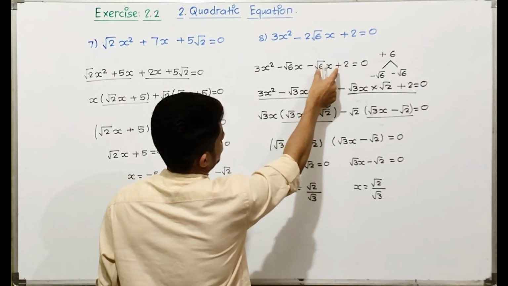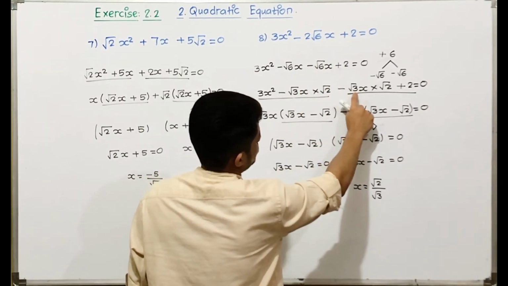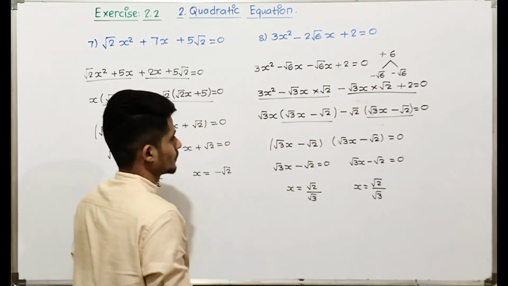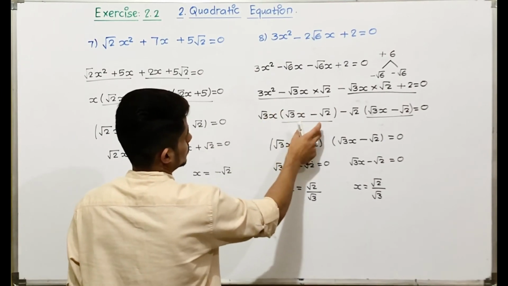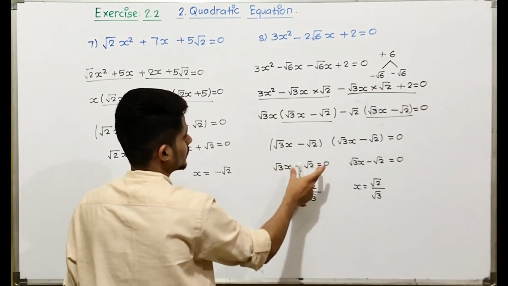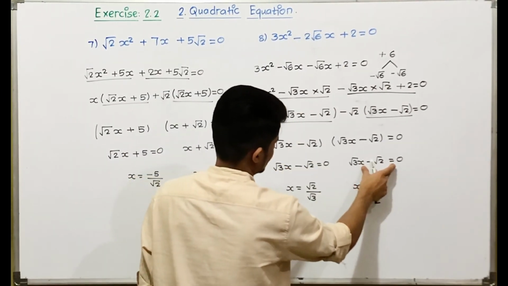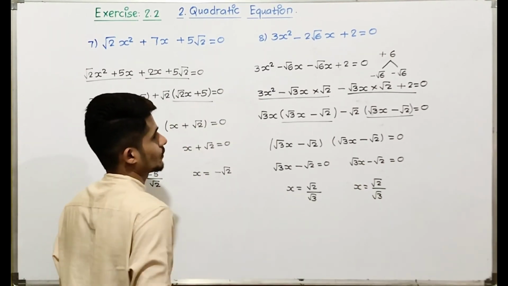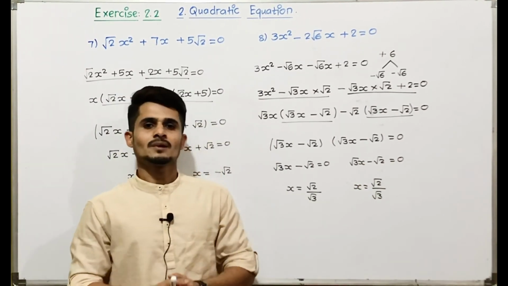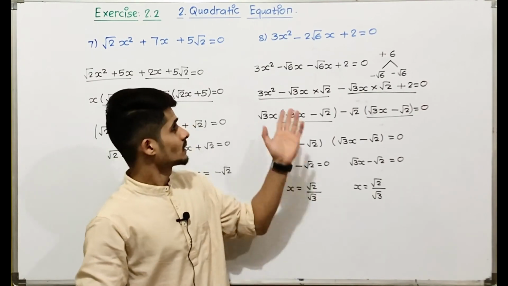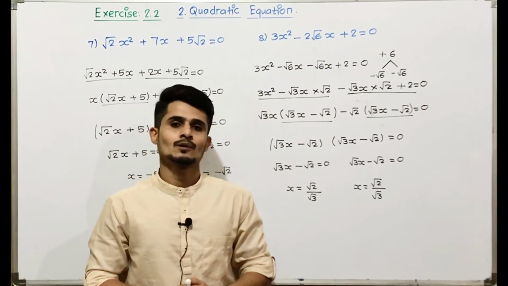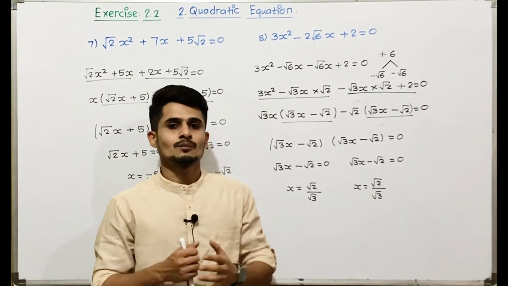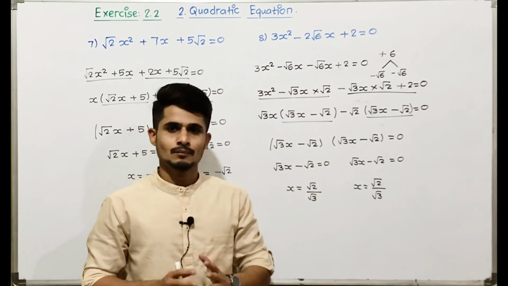Similarly, we split √6 here, that is √3x into √2. Now we'll take common, equate it with 0, and you will get the value for x. Question number 8 is an important question. These types of sums mostly come in the exam, so make sure you understand it properly.